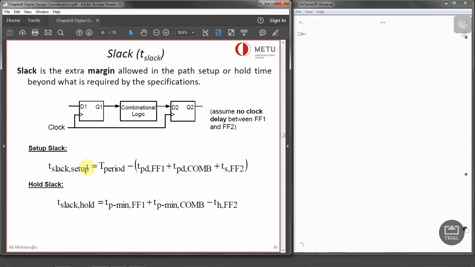On the other hand, for the T hold slack, we need to consider the minimum propagation delay of flip-flop 1 and the combinational logic, and we have to subtract the hold time from it, because we need the data to be valid when we get the rising edge of the clock afterwards. So we'll do an example, and I think with an example it will be much easier to understand.